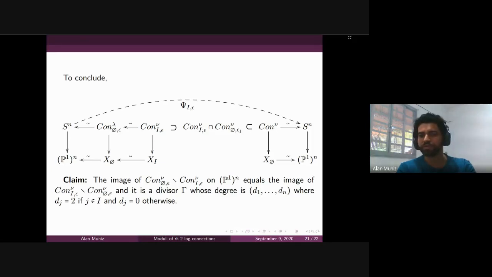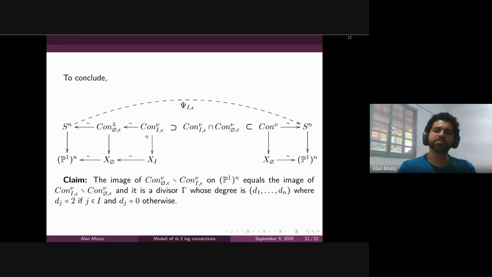I forgot to write this part, the epsilon, and we have the inclusions here, of course, and here we have the projection that takes the epsilon directions. We have the isomorphisms to P1 to the nth power. Here we have the isomorphisms that give all the directions. Here the projection is the one that makes this part of the diagram commute.